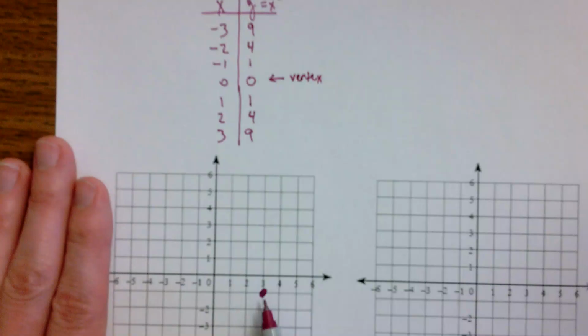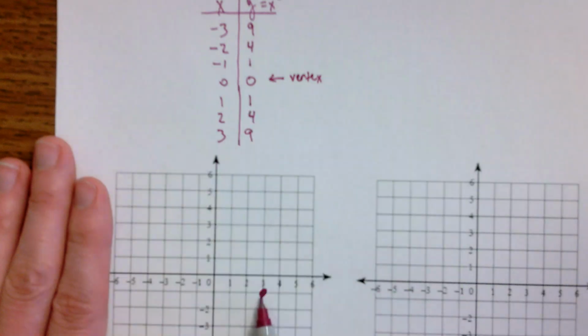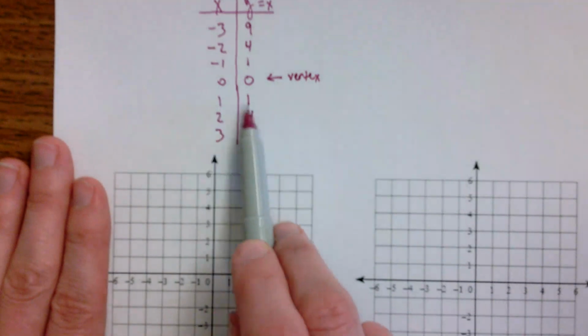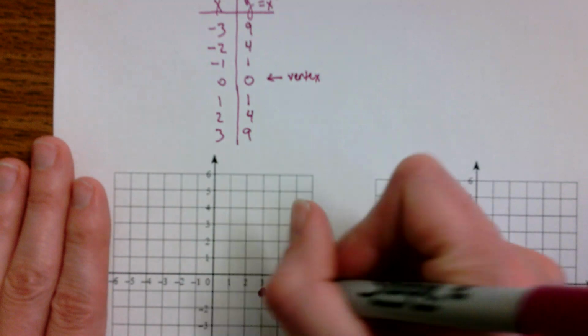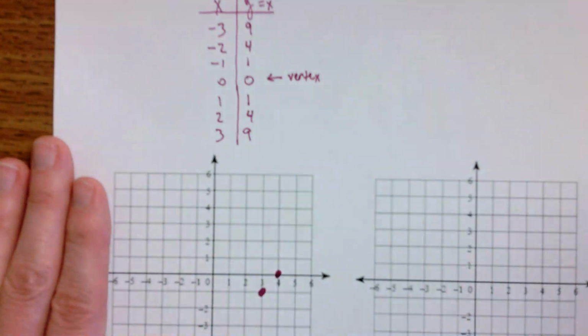So this point that I have right here, I'm going to pretend that that point is 0, 0, and I'm going to plot the rest of these points based off of where this one is. So to plot the point 1, 1, you run 1 and jump 1. Normally you'd start here and go this way, right? What we're going to do is start at the point that we made, go over 1 and up 1 and put a new point there.